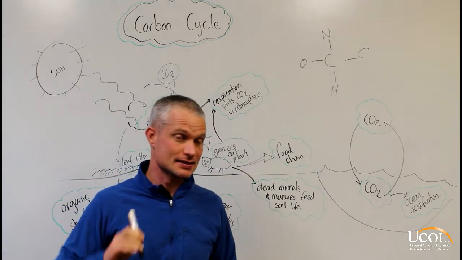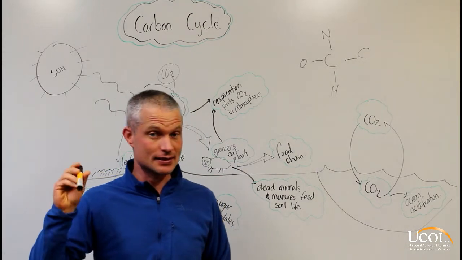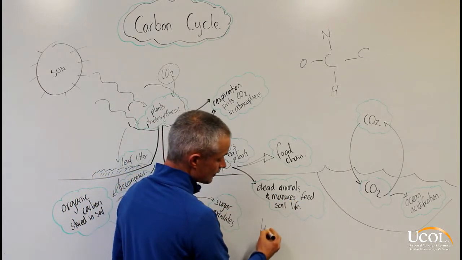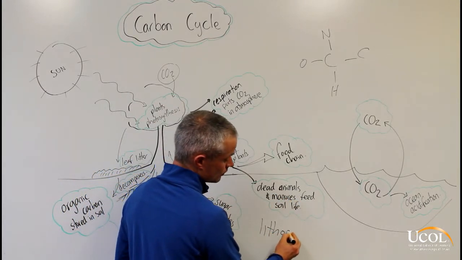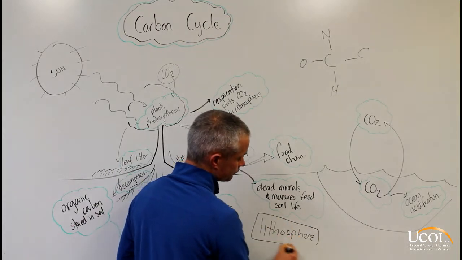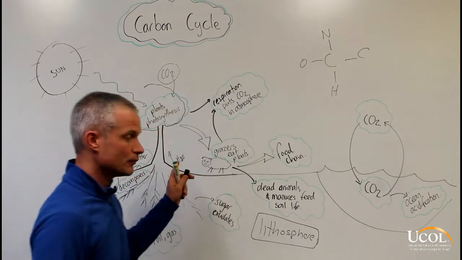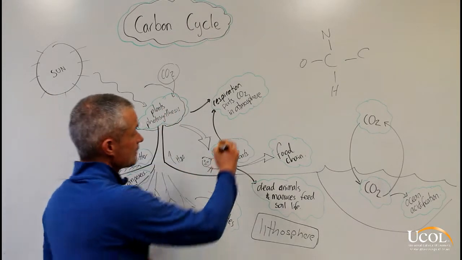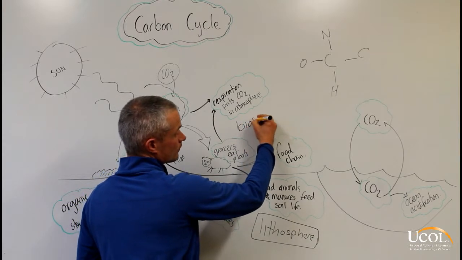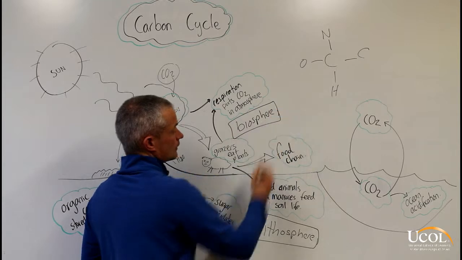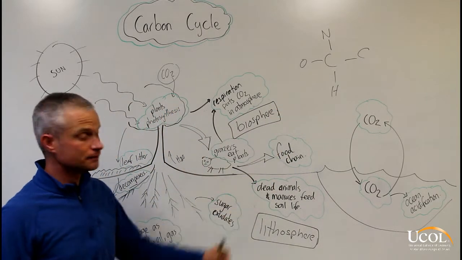And then there's some more ways in which carbon can get down into the soil. So if you remember, the soil is the lithosphere. So we're getting a movement of carbon from the plants and the animals, which is the biosphere, down into the lithosphere.